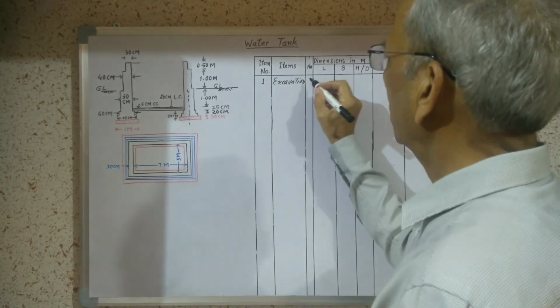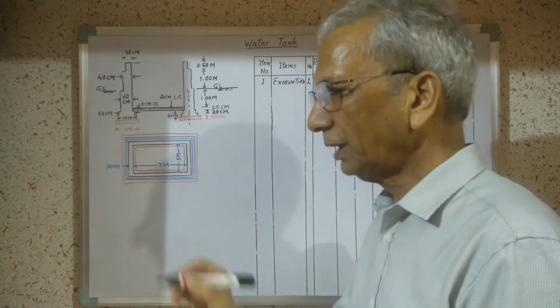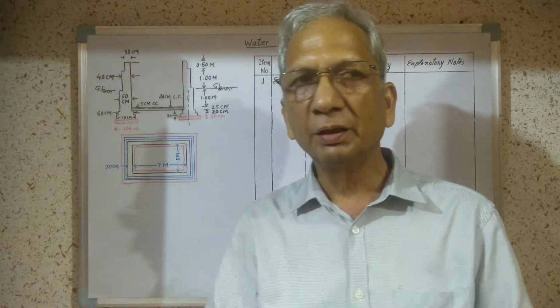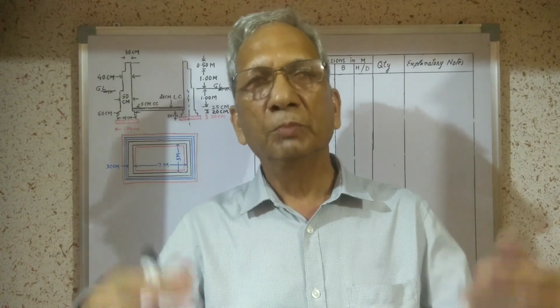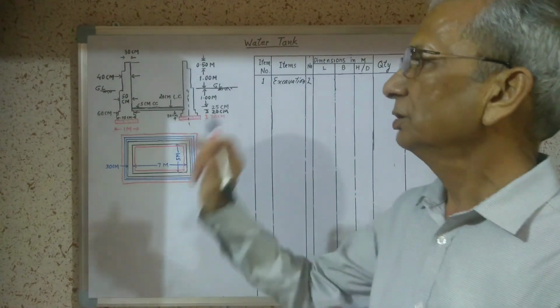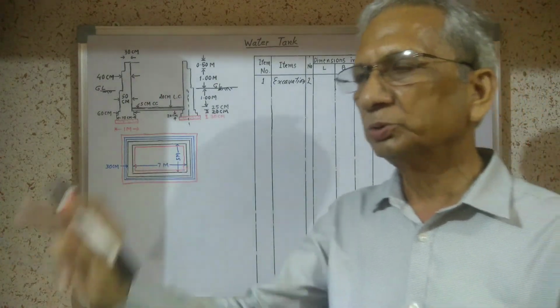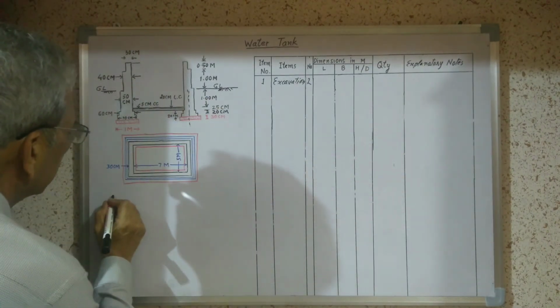There are two long walls, and first of all we will calculate center to center length of long wall and short wall. Whether we use the long wall and short wall method or the center line method, in both cases first we calculate center to center length of long wall and center to center length of short wall.